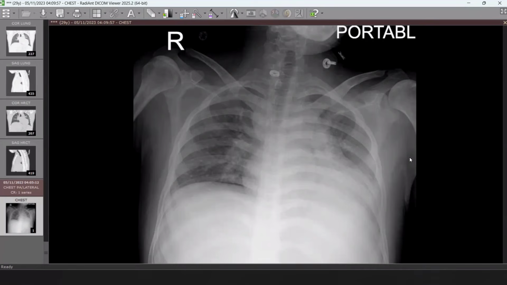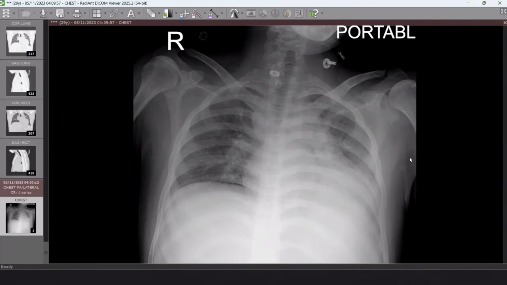Can you check the diaphragmatic copula? There is a left lower lobe opacity silhouetting the left diaphragm. We have retrocardiac left lower lobe opacity silhouetting the left diaphragmatic copula with air bronchogram.